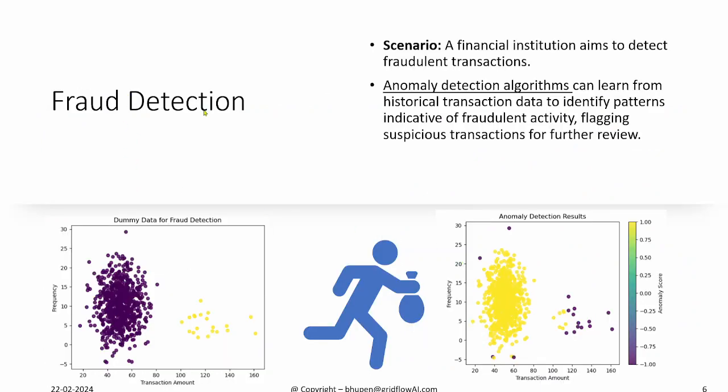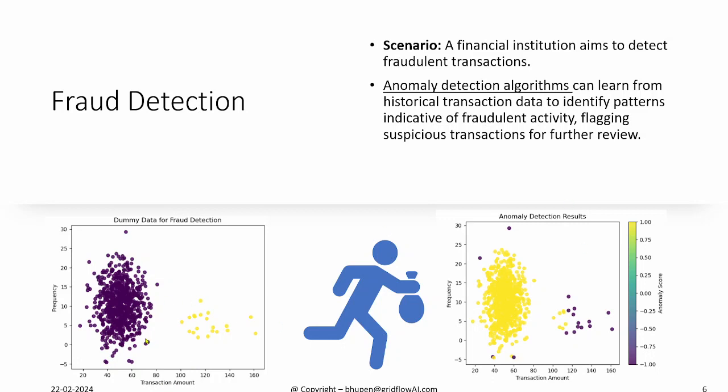Let's say fraud detection. How do you flag a particular transaction as a fraud alert? A financial institution aims to detect fraudulent transactions. This is also called anomaly detection in the language of machine learning. So how do we do so? Let's say we have some data here, and this data is based on the transaction amount.